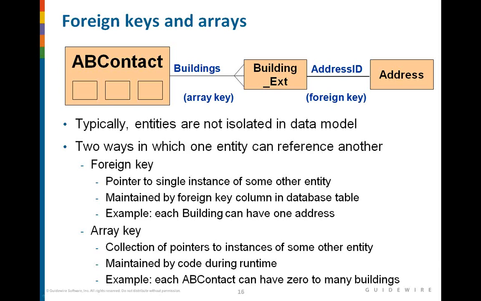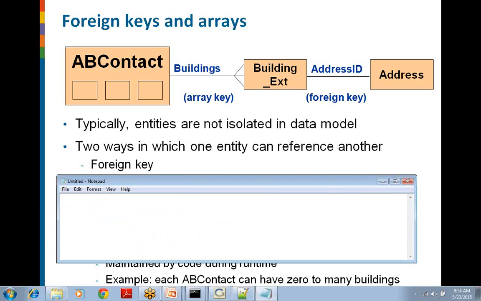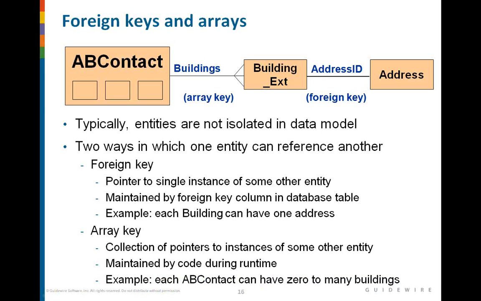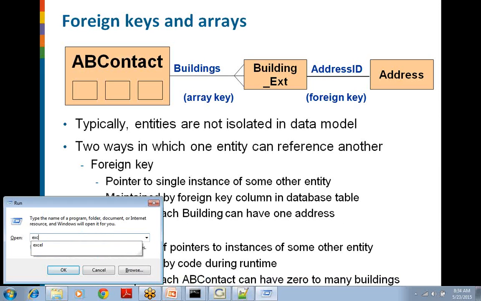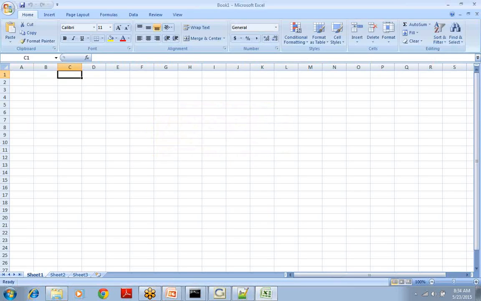If I show an example, example 5, let us take AB contact. The AB contact table has 01, 02, 03; these are the three records available, and these are the contact names.